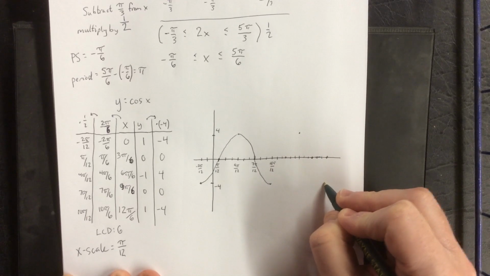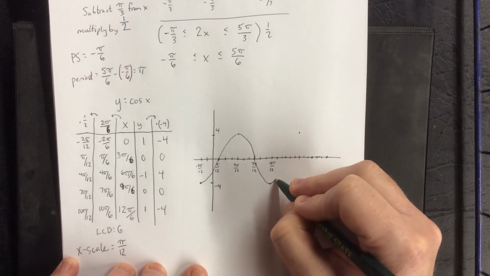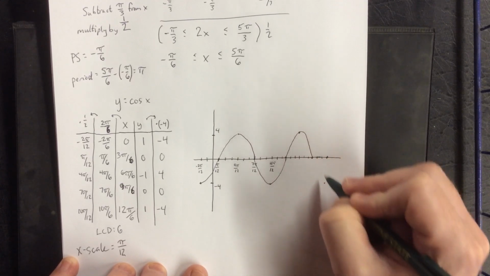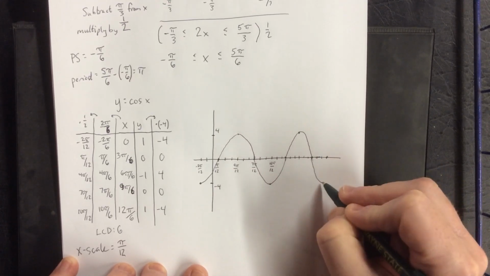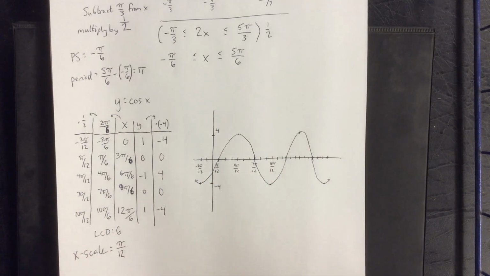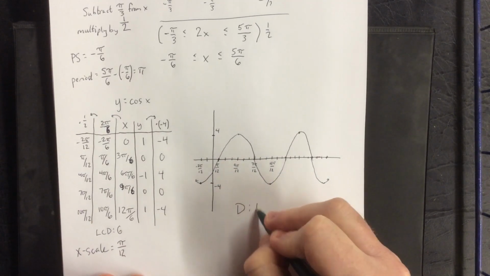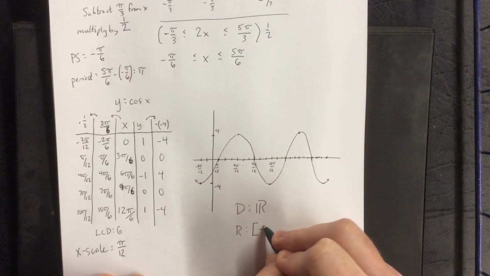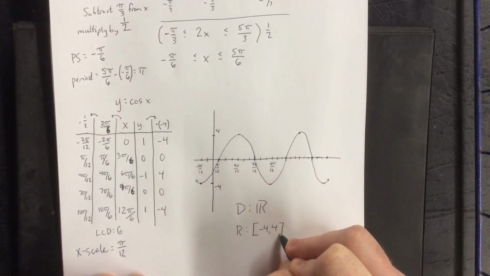Oops, that should be a minimum. Connecting these like so will give us a second full cycle. Domain for this one will be all real numbers. Range, as indicated by the amplitude, is going to be from -4 up to +4.